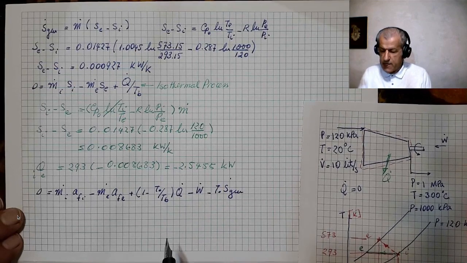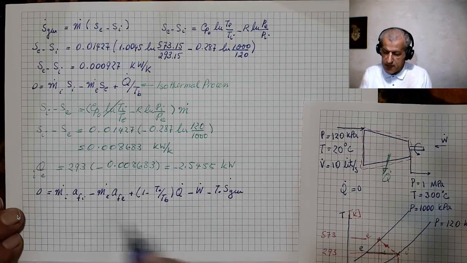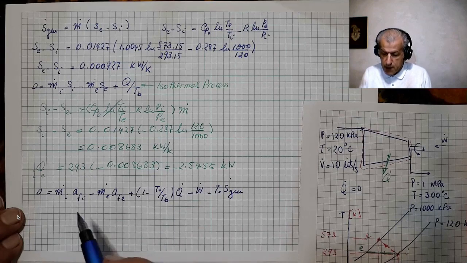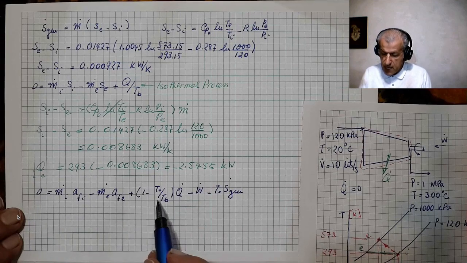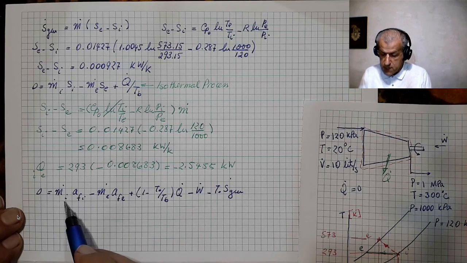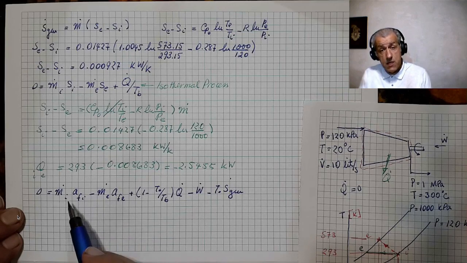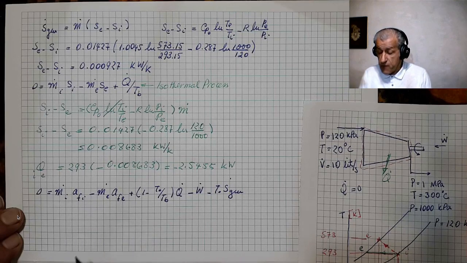For the adiabatic compressor, the heat term vanishes, and three terms remain: the change in availability between inlet and exit streams, the work, and the irreversibility.